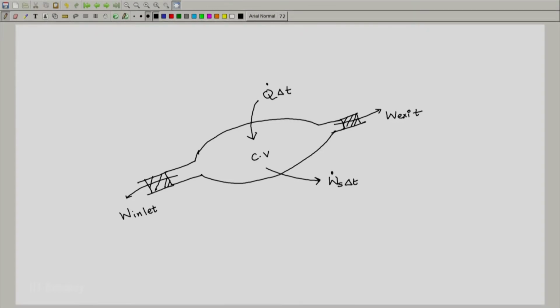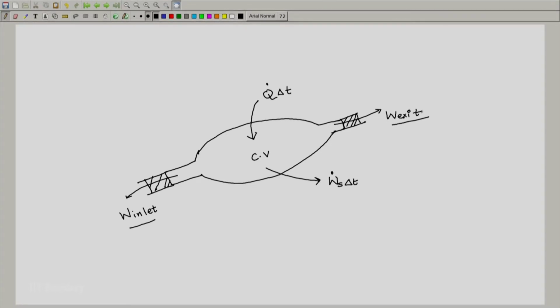One is W dot S delta T. We have already mentioned that this is the regular work which the system or the control volume does on the surroundings, or the surroundings do on the control volume, which includes expansion work, stirrer work, electrical work, and all other work that you can think of, except the work done in pushing in the fluid at the inlet and pushing out the fluid at the exit. Those are denoted here by W inlet on the left and W exit on the right.